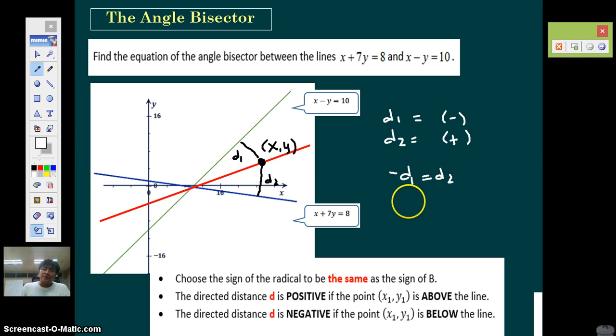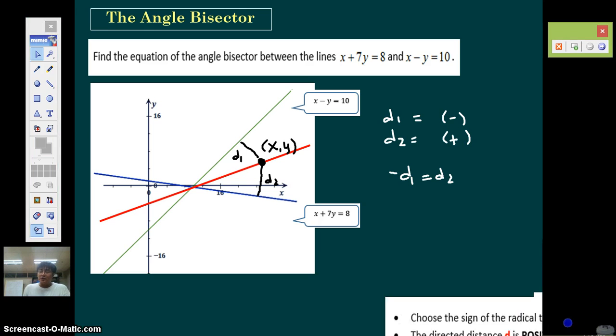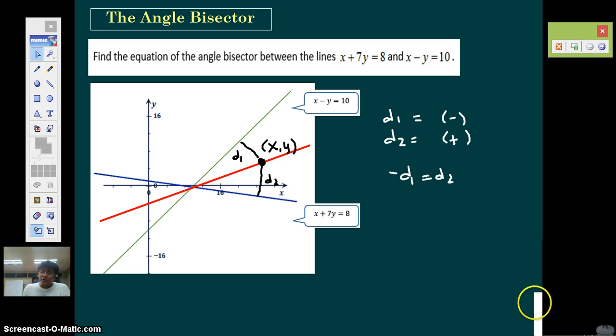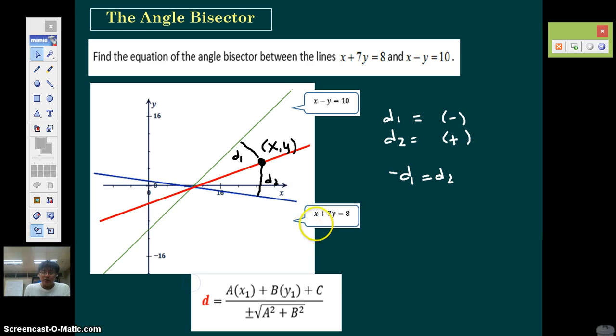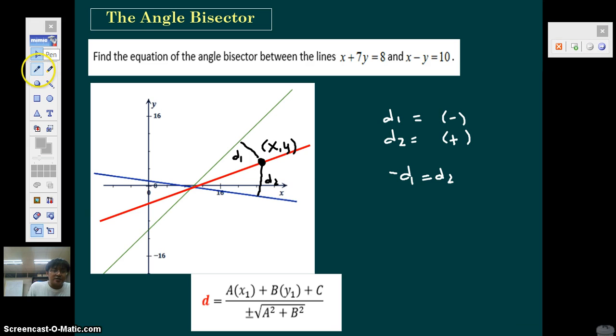Now let's set up D1 and D2 using the formula for the directed distance between a line and a point. Let's set up D1. D1 is the distance between the green line, which is x minus y equals 10, and the point xy.